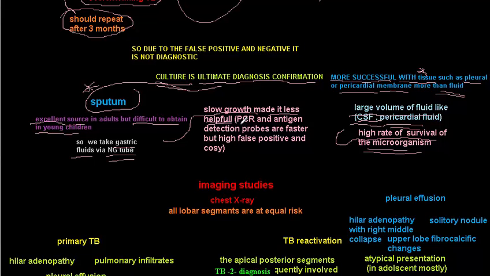We have other techniques like PCR and antigen detection probe, okay. Those other techniques are good, but the problem is that they are sensitive but not specific, and they may give you false positive values, especially in PCR.